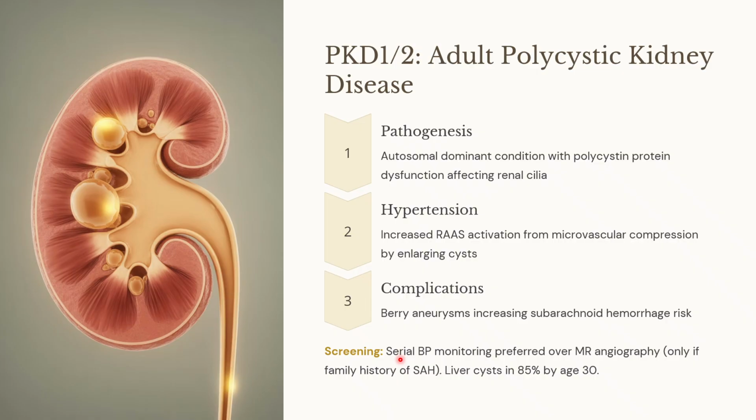MR angiography is indicated only if there is a family history of subarachnoid hemorrhage. Only then can MR angiography be done and they can be screened. If subarachnoid hemorrhage has not occurred in the family, then serial BP testing is the indicated screening. Adult polycystic kidney disease is also associated with liver cysts.